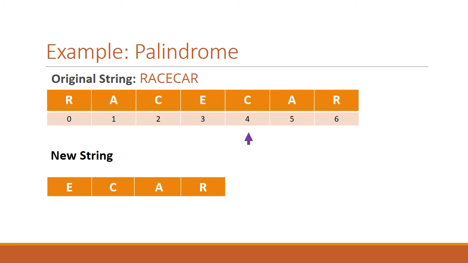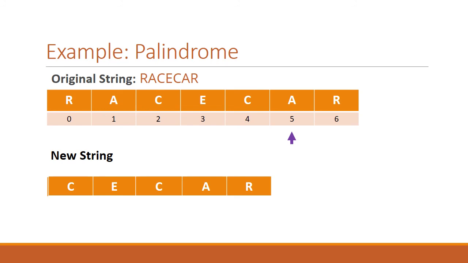The C that's in position 4 of our original string is appended to the beginning of the new string. The new string becomes CECAR. The character A that's in position 5 of the original string is appended to the beginning of the new string.